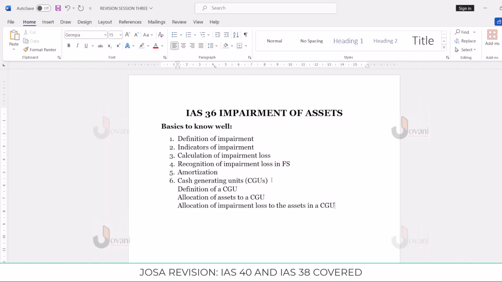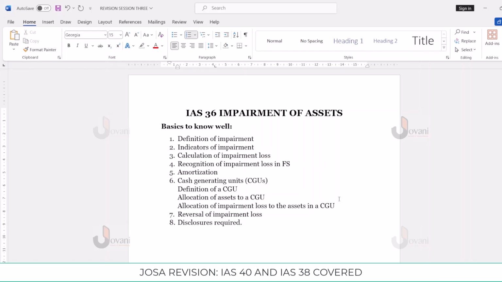Then we must know the reversal of impairment loss. Notice number 7. Reversal of impairment loss. And then we must know the disclosures. Disclosures required.